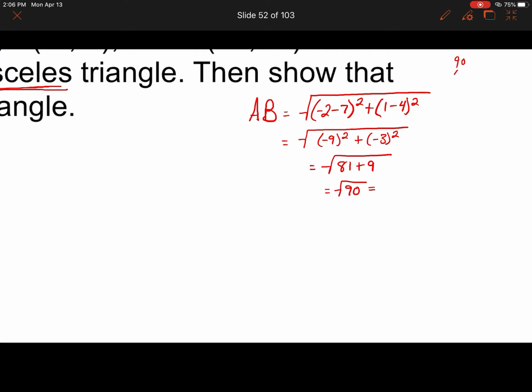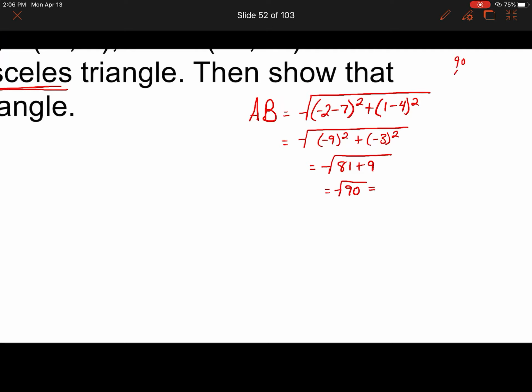Well, there's 2 3s, so I would circle those. And then for every group circled, one of those numbers comes out of the radical. And so I get a 3 that comes out. And what's left is the 5 times 2 that stays in the radical. We end up with 3 square roots of 10. Okay, so there is the length or the distance from point A to point B. That's the side length of this triangle we're talking about.